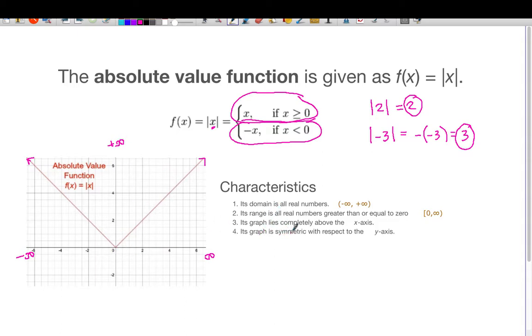Its graph lies completely above the x-axis, and its graph is symmetric with respect to the y-axis. Think of this as a mirror. One side is a mirror image of the other side. So this is the parent function of the absolute value function.